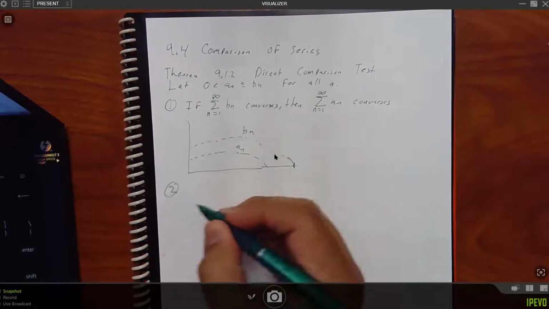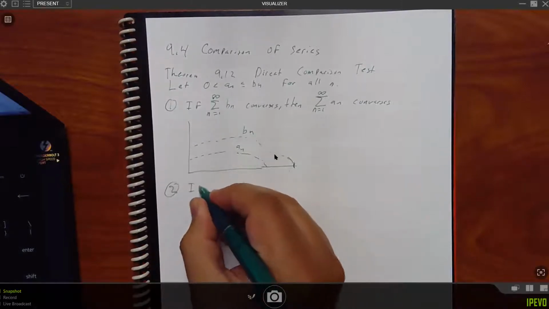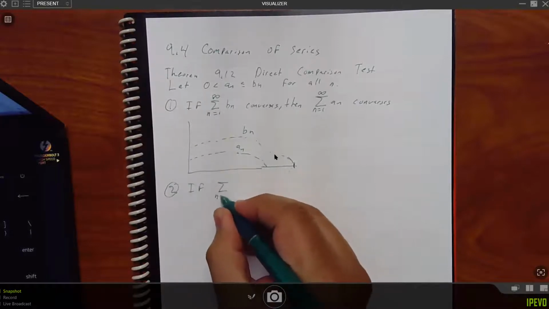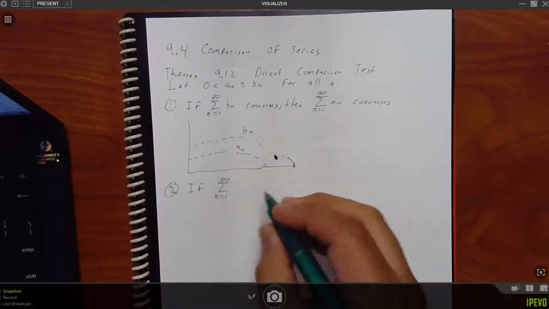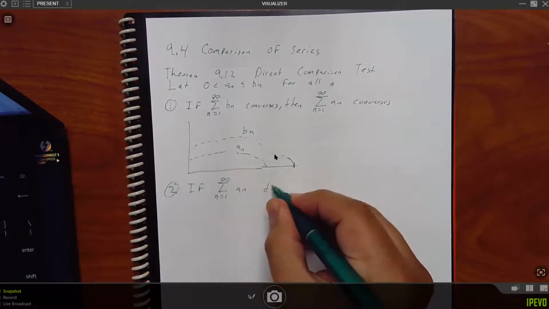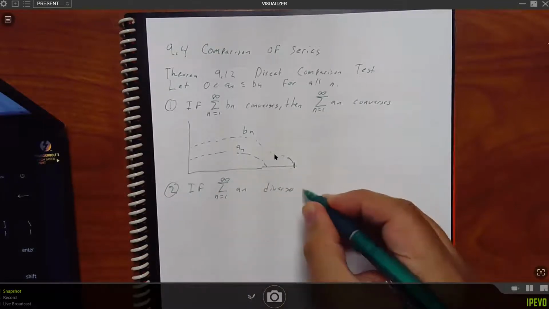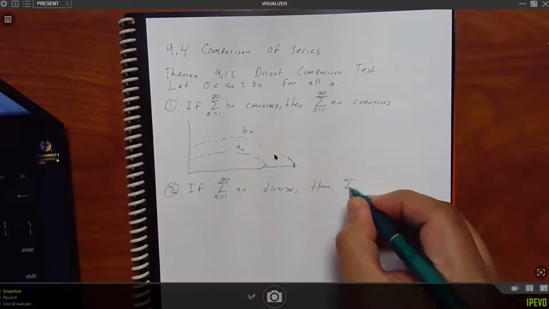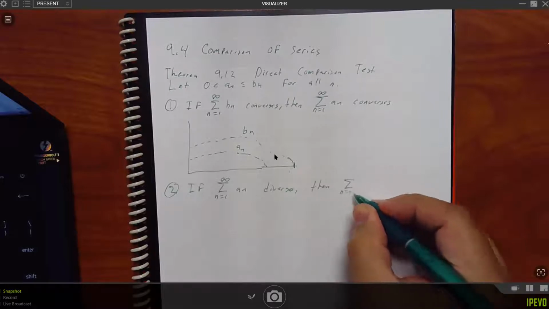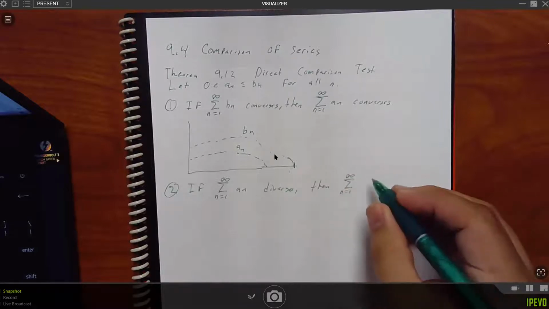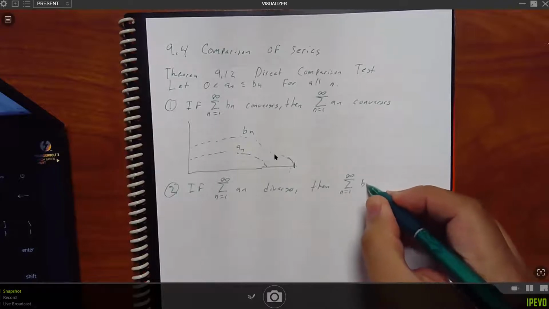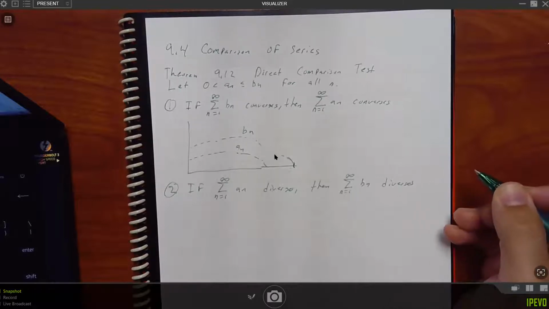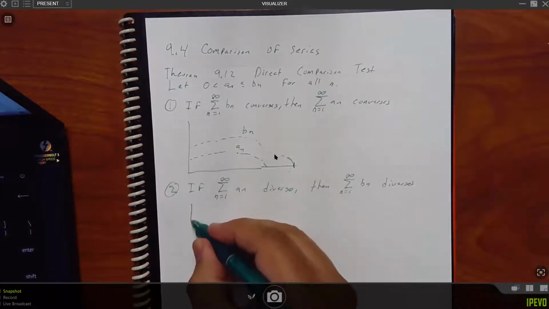Number two. If the series from n equals 1 to infinity of a_n diverges, then the series from n equals 1 to infinity of b_n diverges. So this is the opposite.